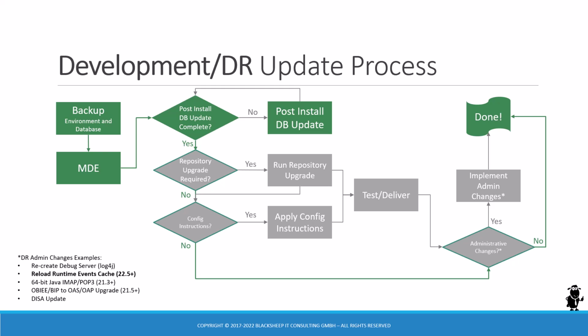You run the repository upgrade if it's necessary to do so. You apply configuration instruction if that's necessary, and you have to test and deliver those repository changes. Then follow the administrative changes like changing parameters, changing implementations of interfaces, etc. And then you're done with your development environment.